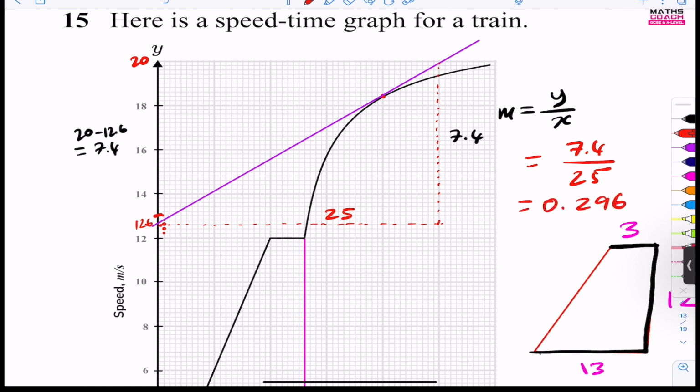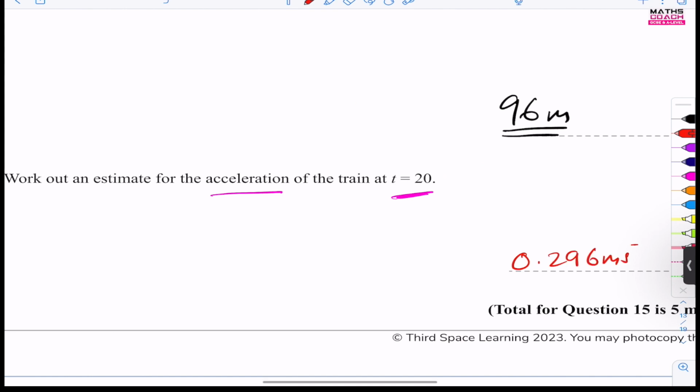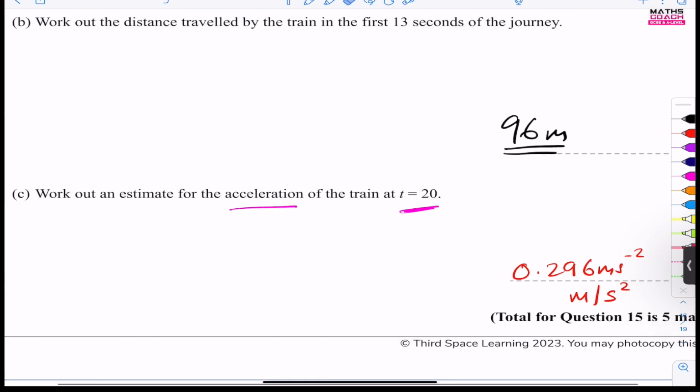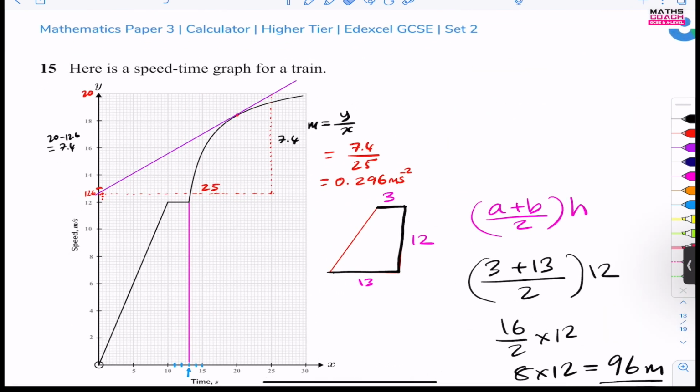So the acceleration is 0.296 meters per second squared. You could write it like that, or you could write meters per second squared like that as well. Now, of course, there will be a small range. Depending on how you drew your tangent, you may have a slightly different answer. But as long as it's close to 0.2, then 0.2 something, then you're good.